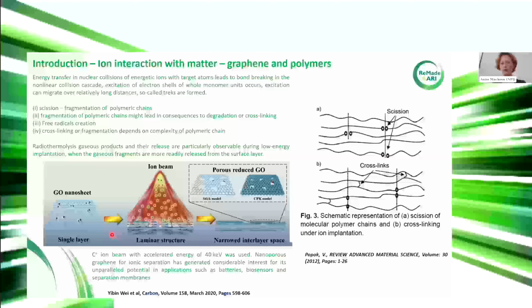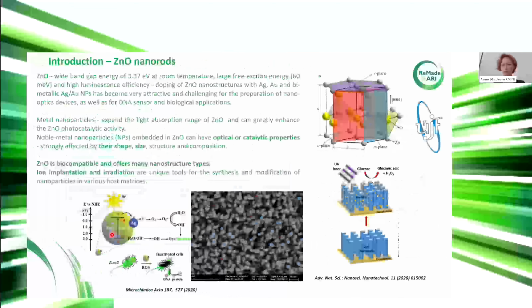These separation membranes are important for recycling of lithium and rare earths, for example lithium from batteries. So graphene oxide is important, and also as a covering of electrodes in lithium batteries, and we can enhance the surface properties of such a graphene layer, for example, with ion beams.